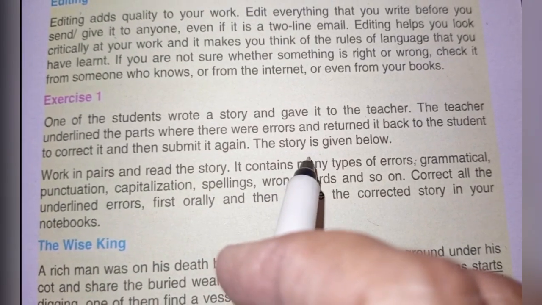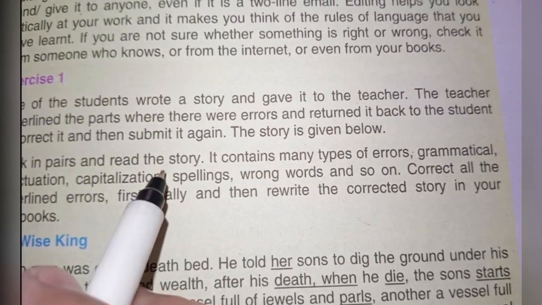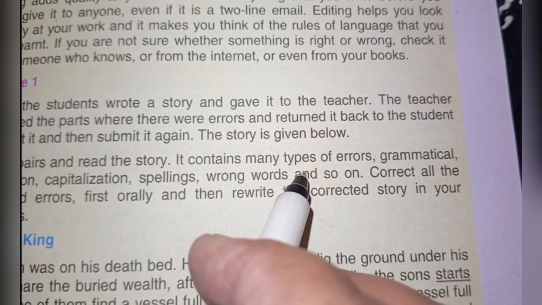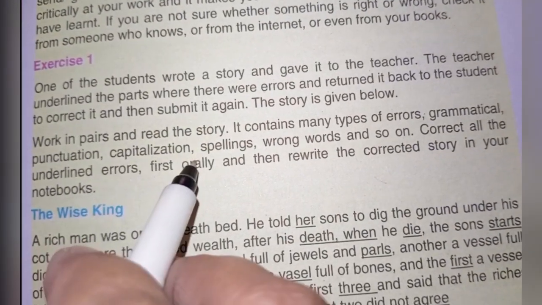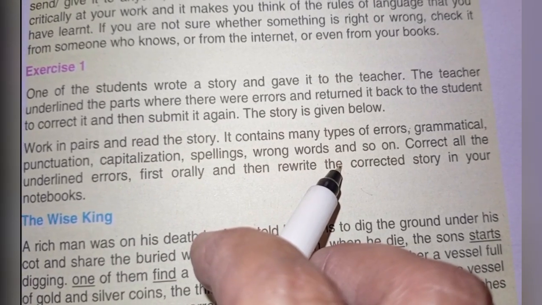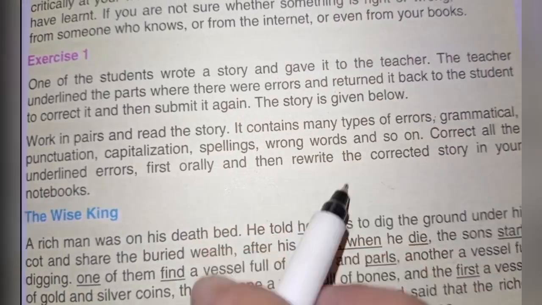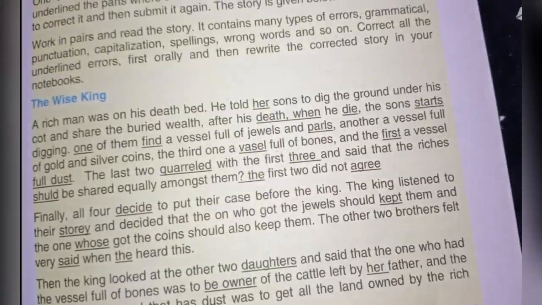The story is given below. What you have to do is find the grammatical, punctuation, capitalization, spelling and wrong-word errors, and so on. So we have to correct all these mistakes in the paragraph below.